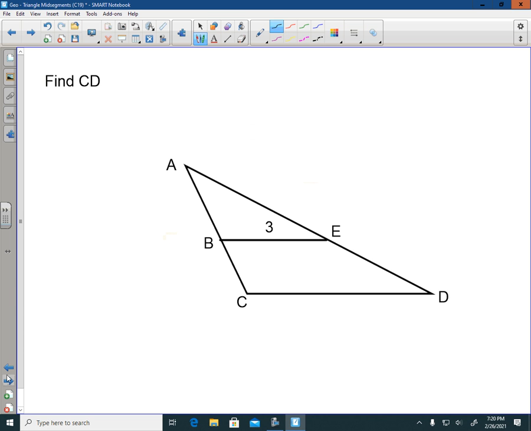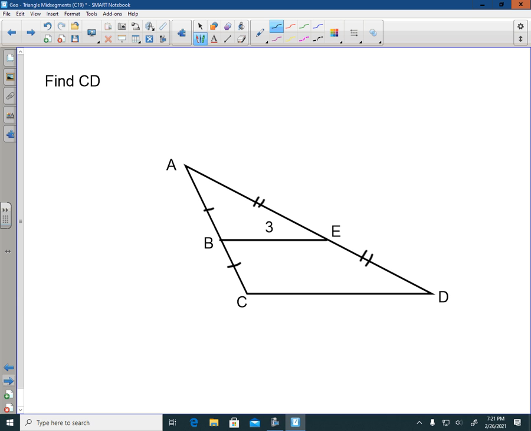Let's find CD. Well, first of all, we have to know that BE is a midsegment. So let's make it a midsegment by saying that those distances are equal and that those distances are equal. And the second we have those midpoints, B and E, connected, then that is a midsegment.